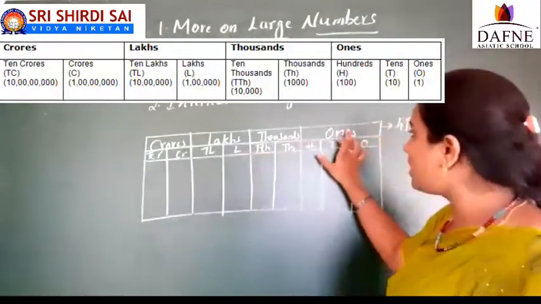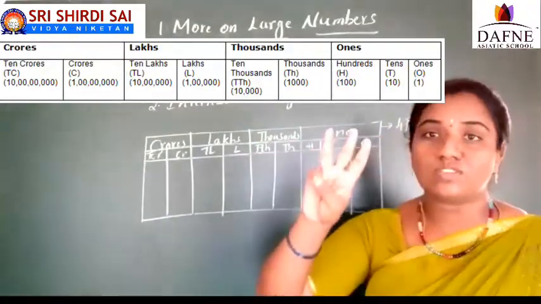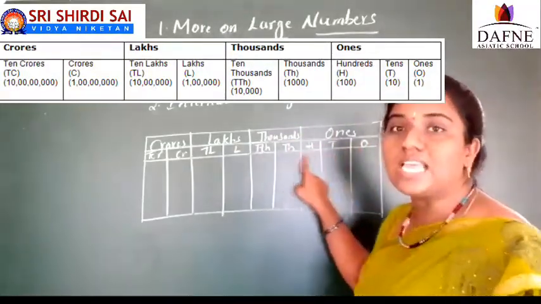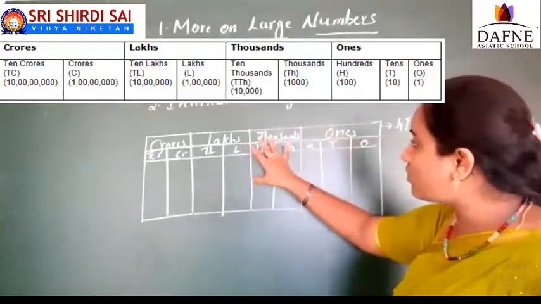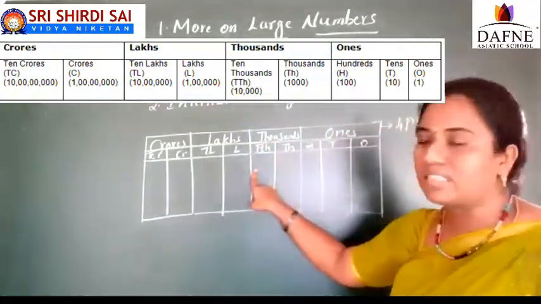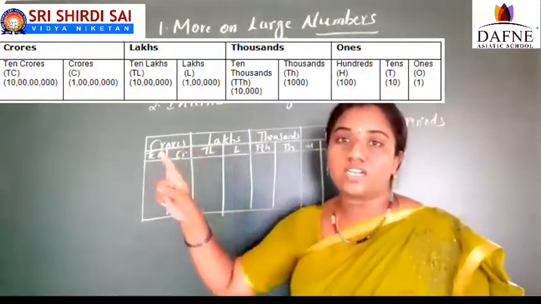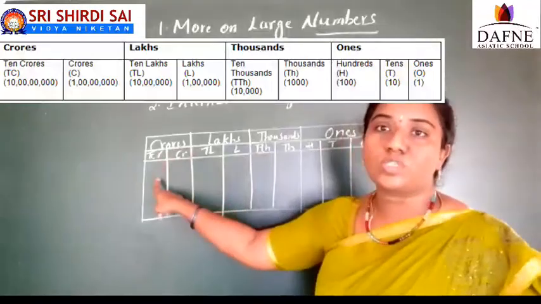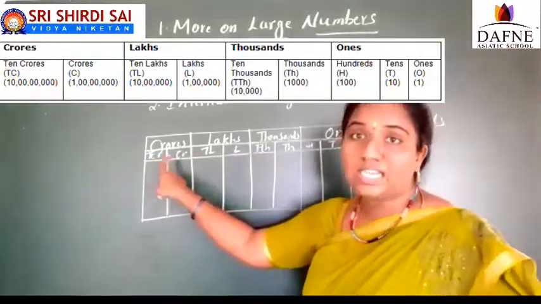The ones period is divided into 3 place values: ones, tens and hundreds. The thousands period has 2 place values: thousands and 10,000s. The lakhs period has lakhs and 10 lakhs. The crores period has crores and 10 crores.